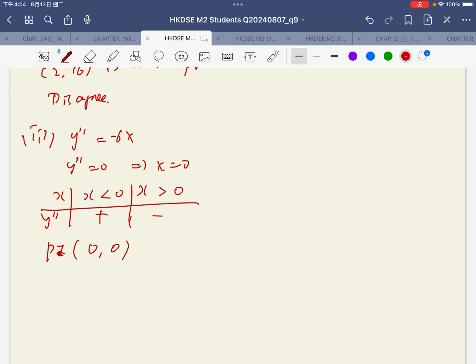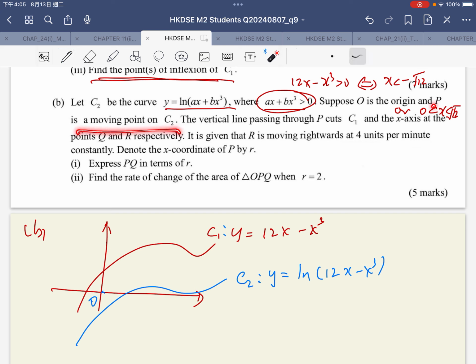I just randomly draw the graph. This is C1, where I put a and b into the function. And I use another color for C2. Then O is the origin here, and P is a moving point on C2.